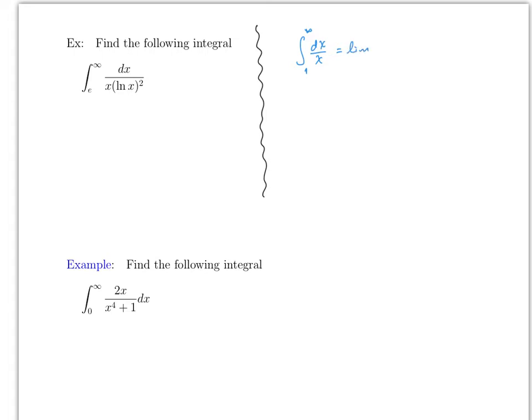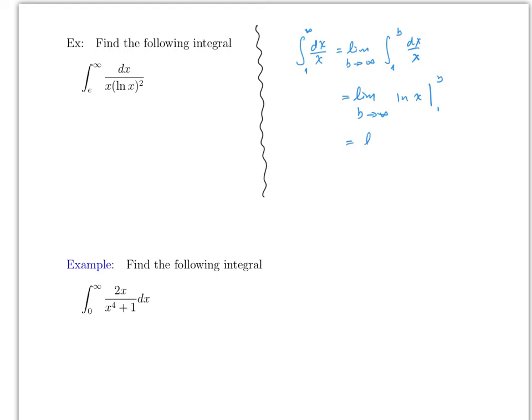So if we go with the limits, this will be the limit as b goes to infinity of the integral from 1 to b of dx over x, which will be the limit as b goes to infinity of ln x from 1 to b.